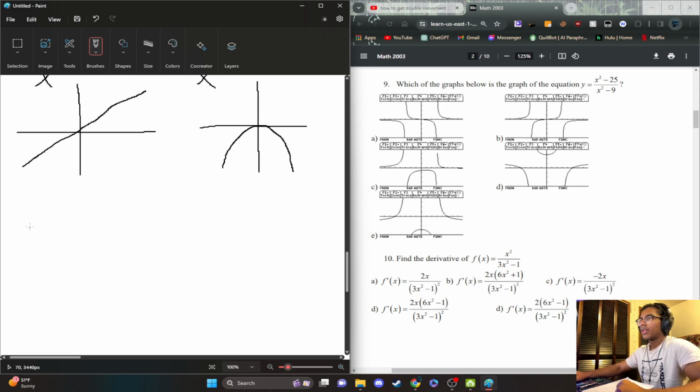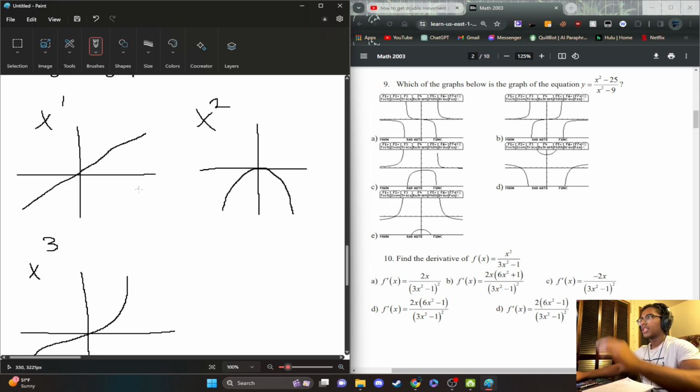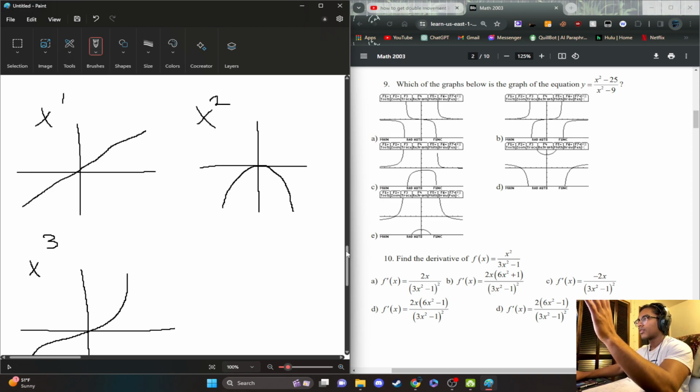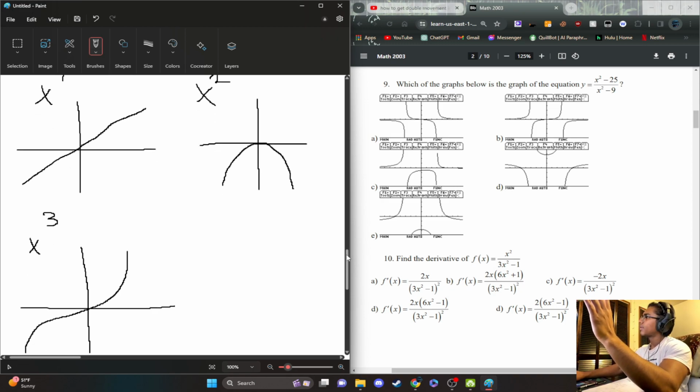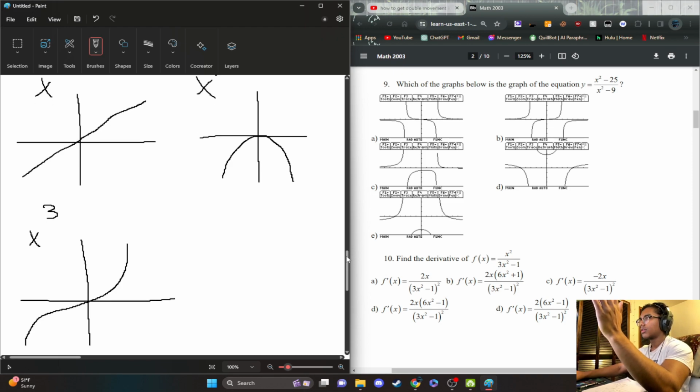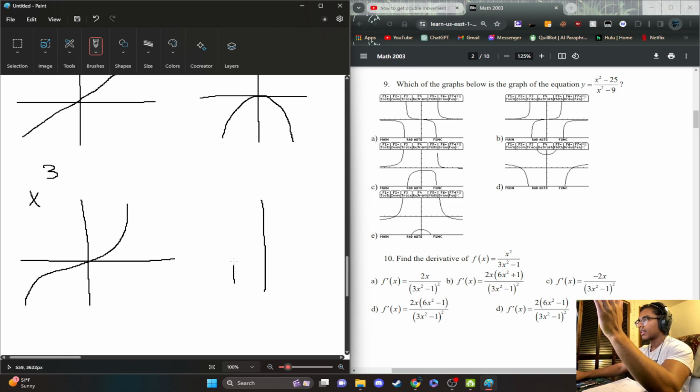Now x to the third, you have a line that looks kind of like an S. Now using these three, you're going to have to visually understand from now on, every time you get an odd number, you're going to get something that looks like this.